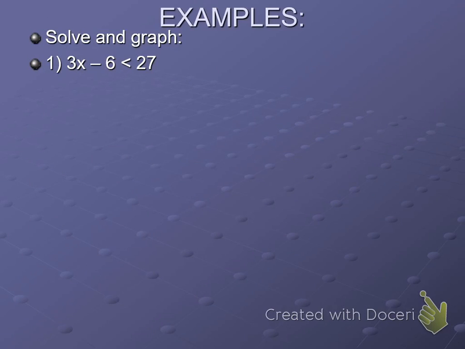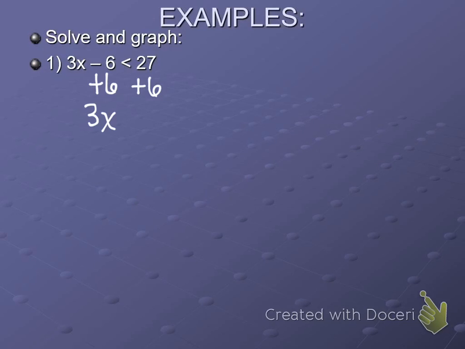All right, our first step is to solve the inequality, then we'll worry about graphing it. We solve inequalities much like we would solve equations. So we're getting the variable by itself, preferably on the left-hand side. So for example 1, my first step would be to add 6 to both sides.